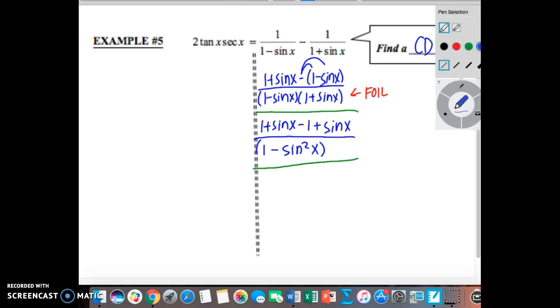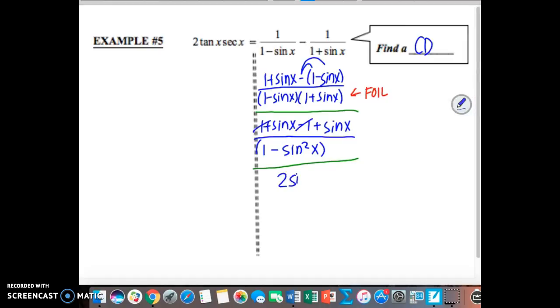Now in the numerator, notice we have 1 minus 1. So those ones will cancel. And now we have sine of x plus sine of x. So now we are left with 2 sine of x.